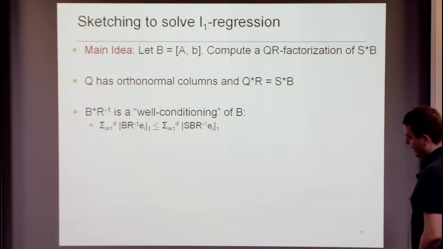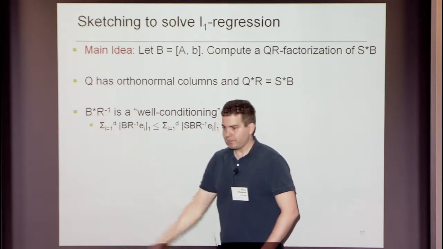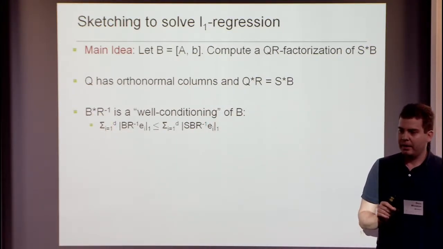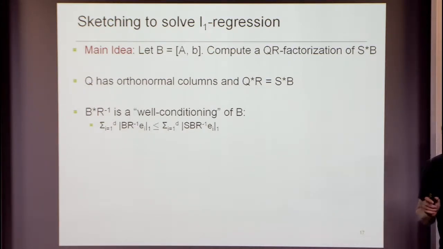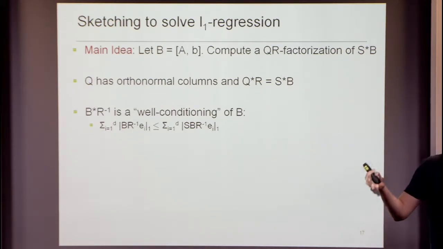The first property is that if I look at B times R inverse, and I look at the entry-wise L1 norm of this matrix, it's not too large. Now, first of all, by itself, that's a useless statement, because I can always scale all the entries of B down arbitrarily small. But there will be another condition.